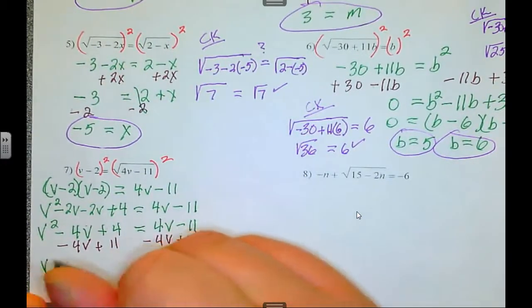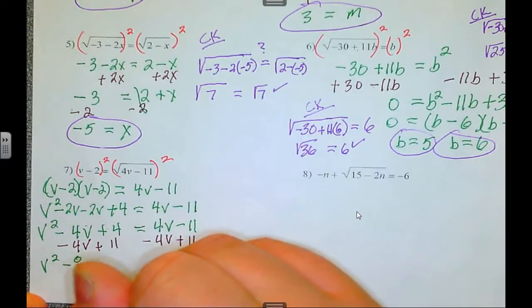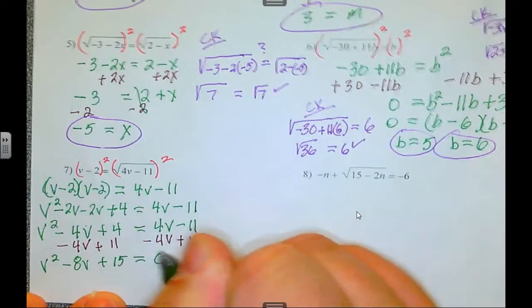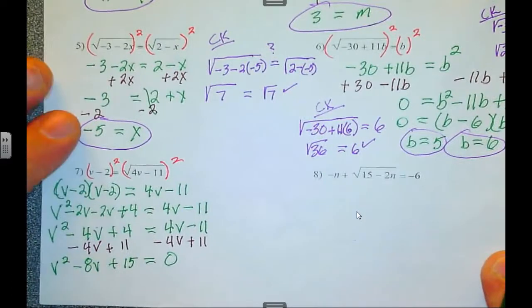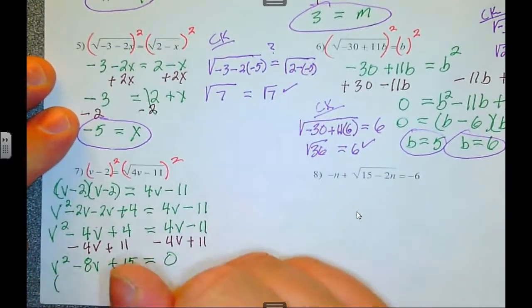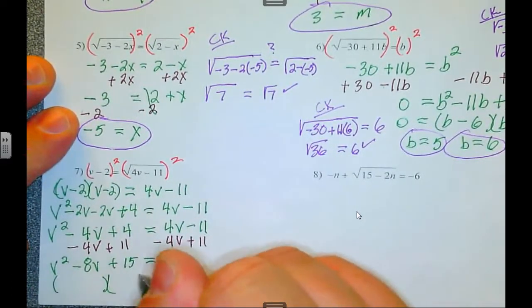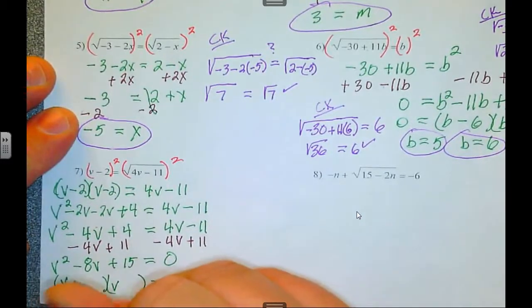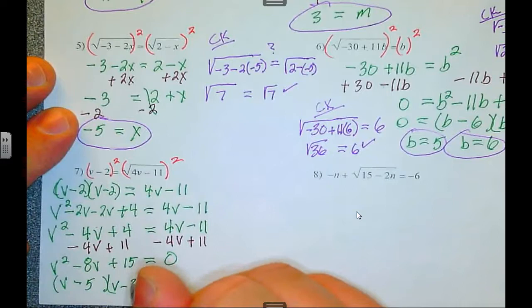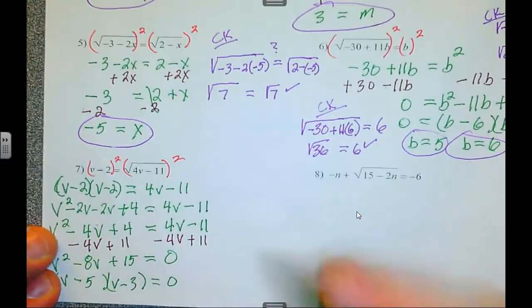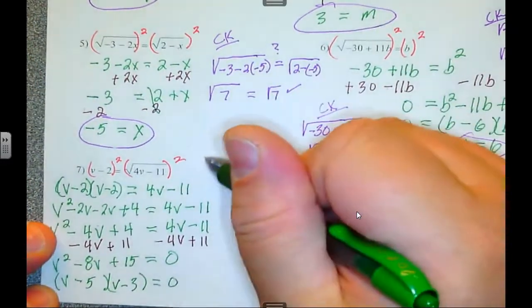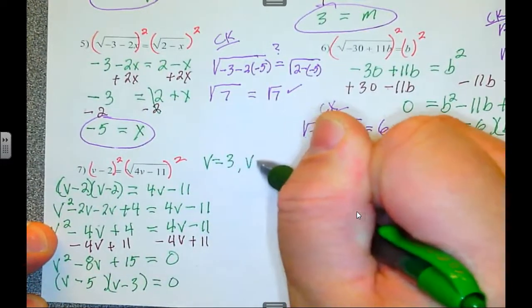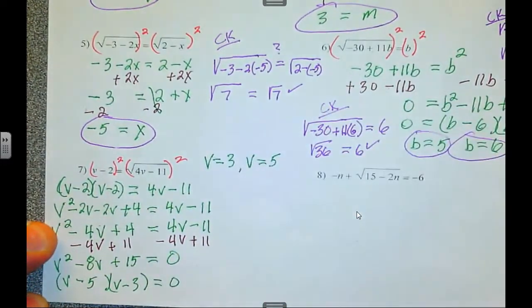So I get b squared minus 8b plus 15 equals 0. I could easily factor this. b minus 5, b minus 3. So b equals 3 and b equals 5.